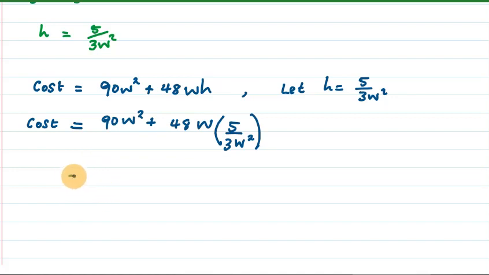Going back here, you have 90W squared plus 48W over 3W squared. So this W and this W will cancel. You are now left with 5 over 3W.